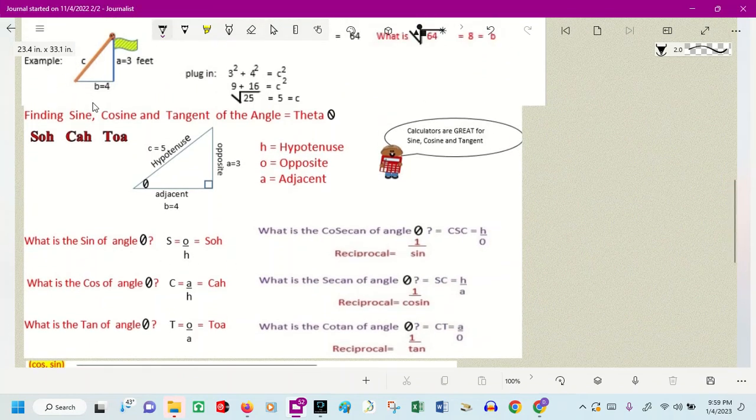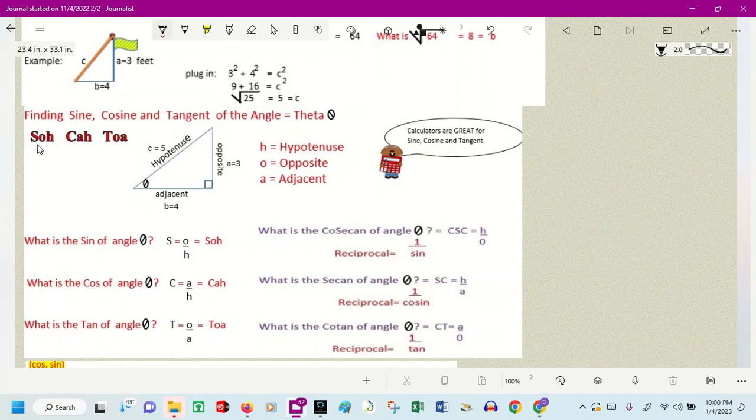That's because sine, cosine, and tangent are simply plugging in the answers you already have for your opposite, adjacent, and hypotenuse, in fraction form. It's just that simple. Let's look at how it is done.